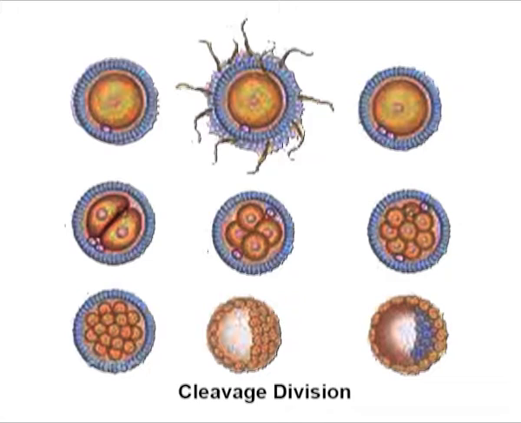Initially, the dividing cells called blastomeres are undifferentiated and aggregated into a sphere. When 8 blastomeres have formed, they begin to develop gap junctions, enabling them to develop in an integrated way and coordinate their response to physiological signals and environmental cues.